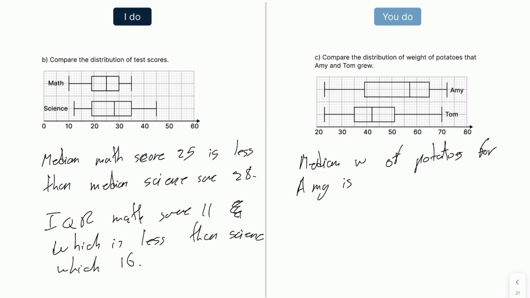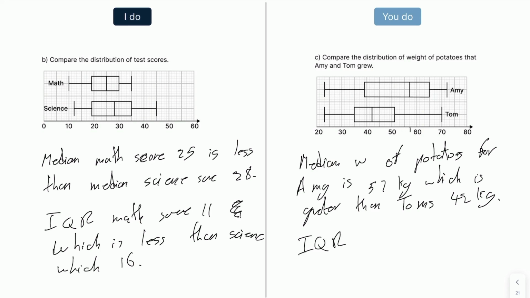It is the number right there, which is 57, sorry. It's 57 kg, which is greater than Tom's 42 kg. And then you do the exact same statement with the interquartile range.